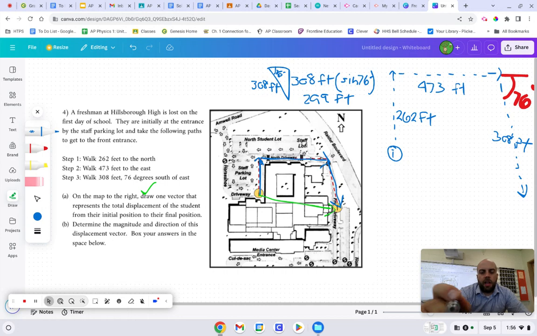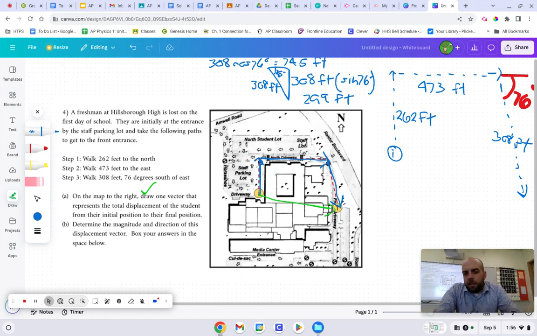The horizontal side must be 74.5 feet. And that comes because this is the adjacent side to this angle. So that must be the hypotenuse multiplied by the cosine of 76 degrees.